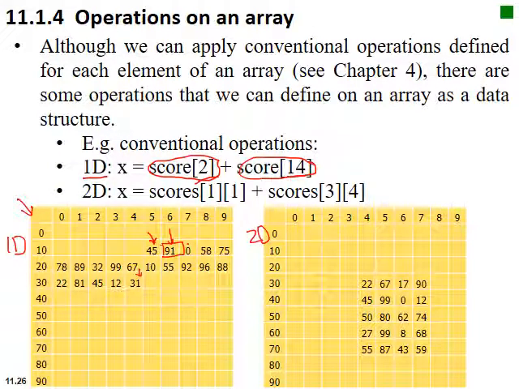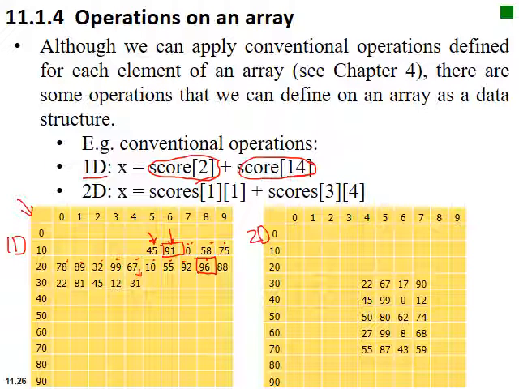And where would score 14 be? Well, there's score 3, 4, 5, 6, 7, 8, 9, 10, 11, 12, 13, 14. So score 2 plus score 14 would simply mean 91 plus 96. We wanted to add those two together for some reason.